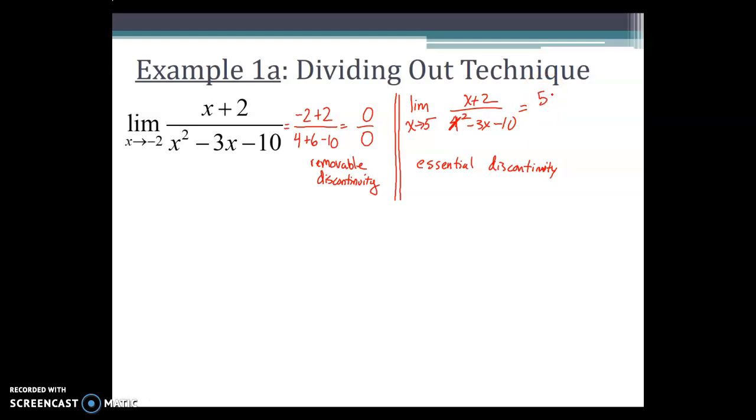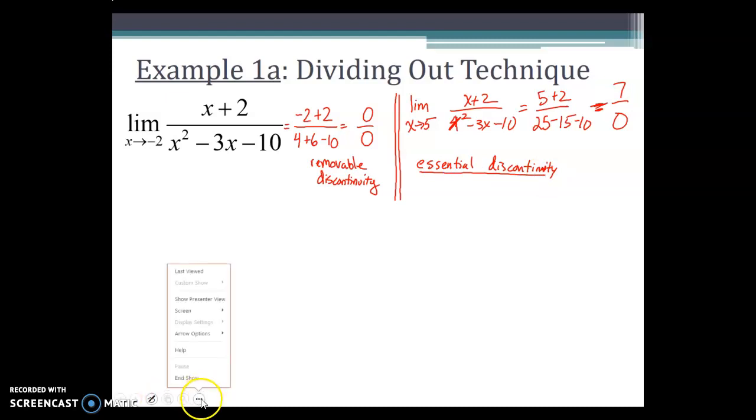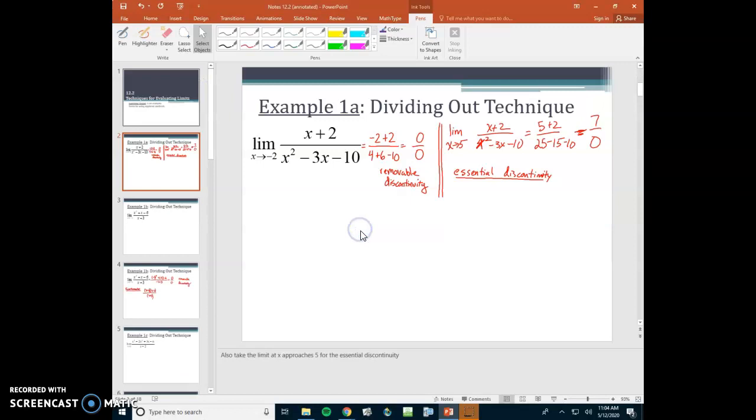So if you try to evaluate the limit as x approaches 5, you actually get 7 over 0. And that 7 over 0 is going to indicate that you have an essential discontinuity, where this 0 over 0 is going to indicate that you have a removable discontinuity. Now let's look at what that looks like graphically.